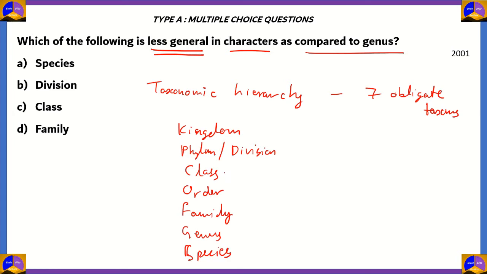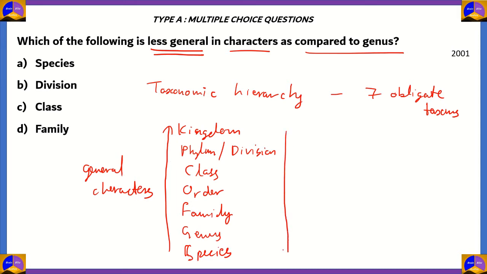Now, when we look at characters, we can see a broad trend across the 7 obligate taxons. When we look at general characters, you can see that the amount of general characters increase as we move from species to kingdom.